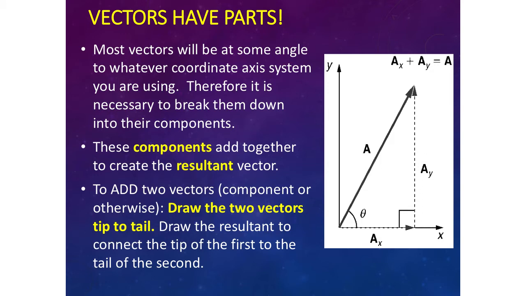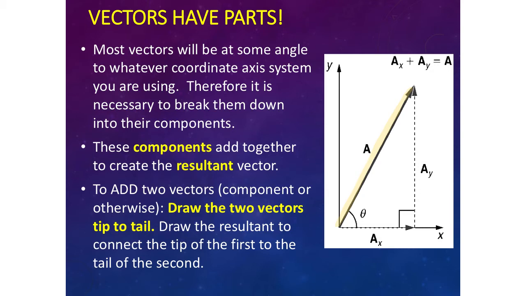Now, something interesting about vectors is that you can describe vectors in different ways, and you can break them down into parts, or what we call components. So let's say that we have a vector A, and I'm going to color A a pale yellow here, just so we know exactly what I'm talking about.